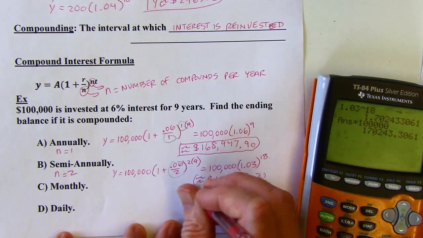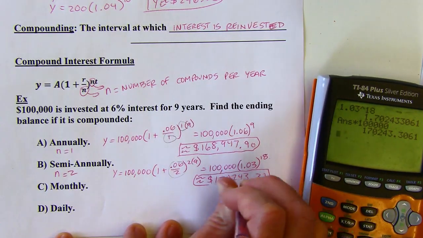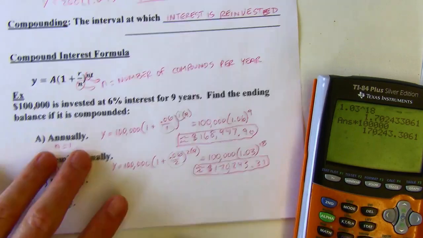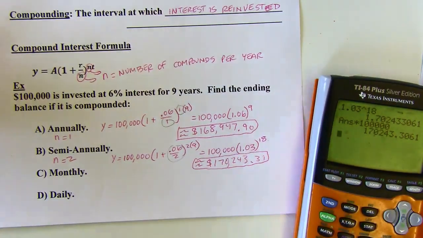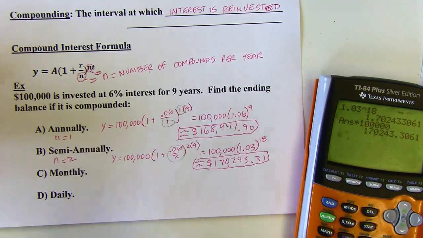So as predicted, we got more money when we put the interest into the pot more often, right? About $1,000 and some change here, $1,500 or something.